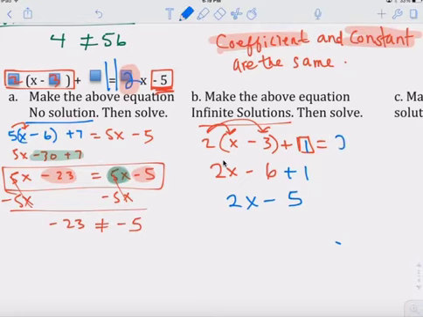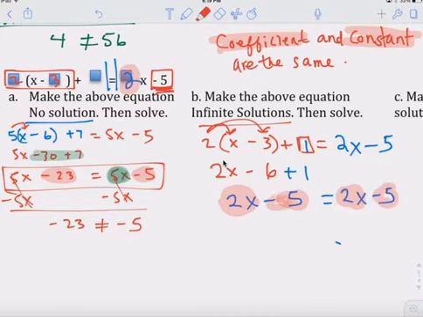So the missing number is 2x minus 5 equals 2x minus 5, right? Okay, look. We know it's going to be infinite solutions because the coefficients are the same and the constants are the same. They're exactly the same on both sides of the equal sign. Each expression without the equal sign is the same.